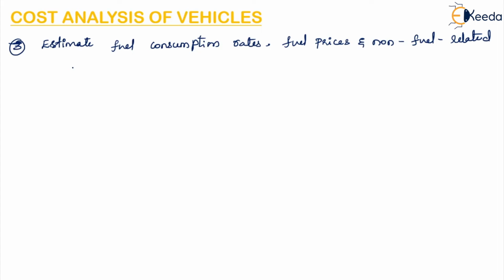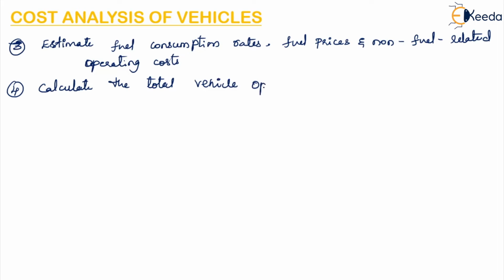So estimate fuel consumption rates, non-fuel related operating costs. Then the next parameter is we have to calculate the total vehicle operating cost.